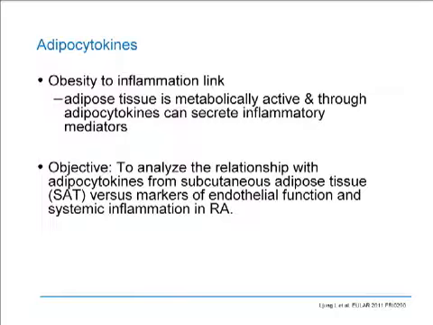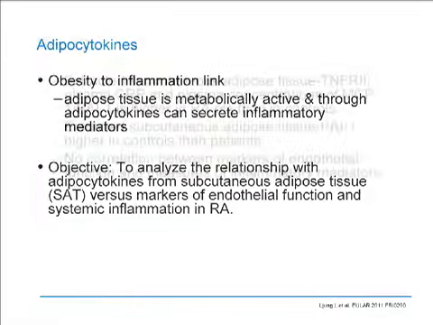And the objective of this abstract was to analyze the relationship of adipocytokines from the subcutaneous adipose tissue, which we'll call SAT, versus markers of endothelial function and systemic inflammation in RA.